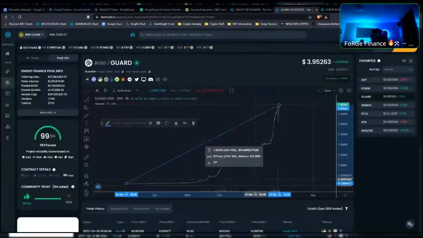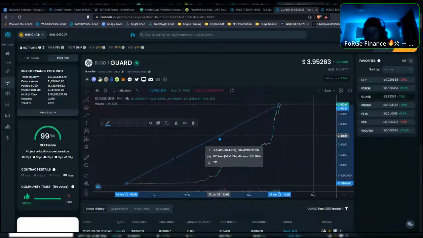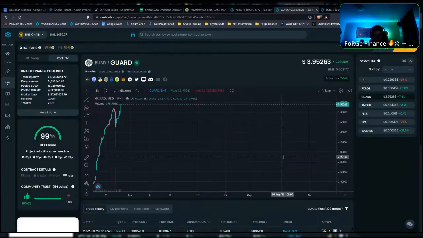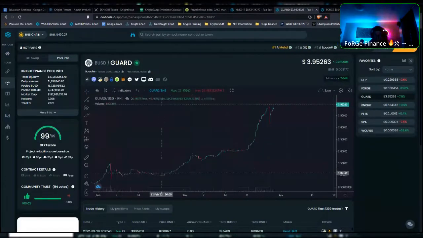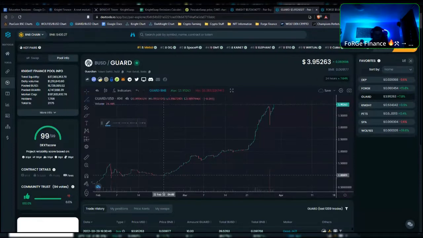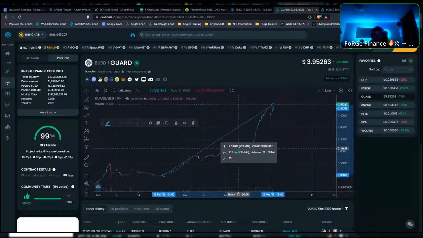But even over, this isn't fair. It's just ridiculous. Let's zoom in a little bit. Okay, so even going from the end of February to where we are right now, you have 293%.